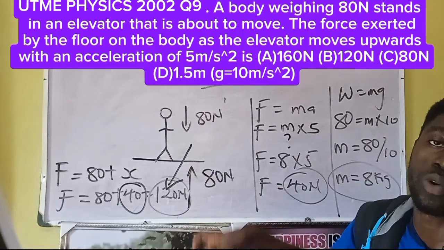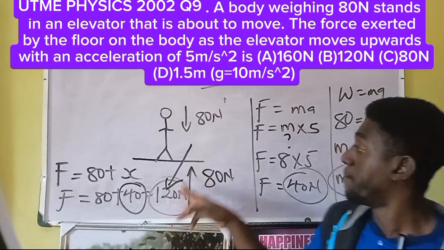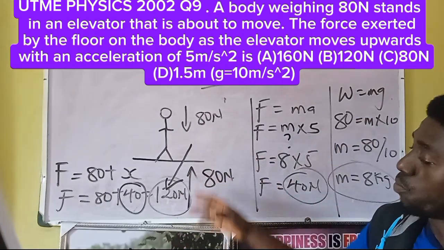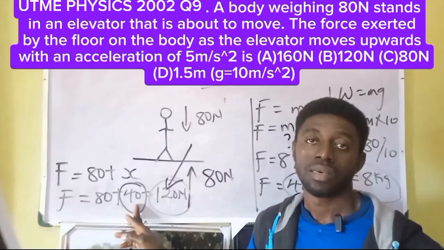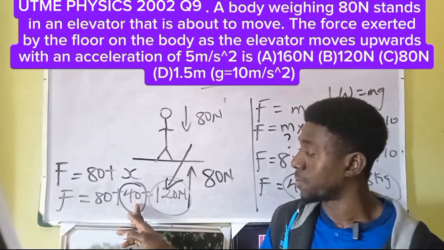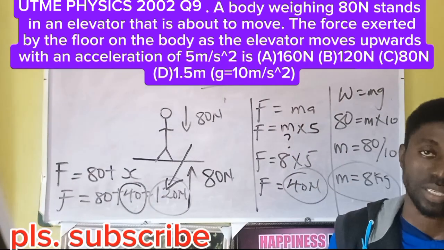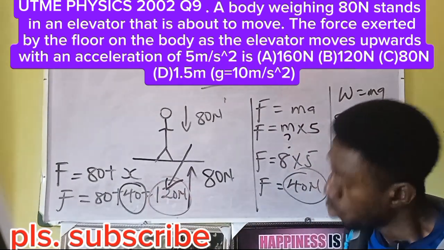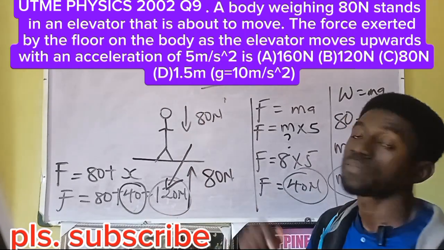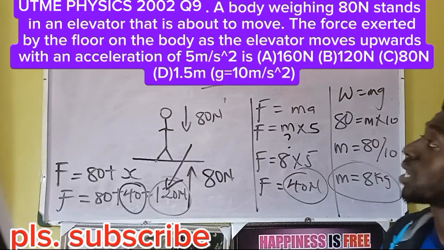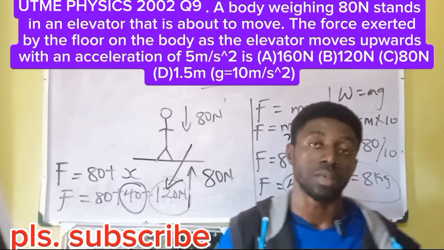In opposite directions, we subtract: 120 minus 80, we'll have 40 Newton. And that 40 Newton becomes our net force or resultant force. But the question is demanding the total force the floor of the elevator gained in order to move upward. That total force is 120 Newton. So going back to our options, you can see the best option there is option B, 120 Newton.